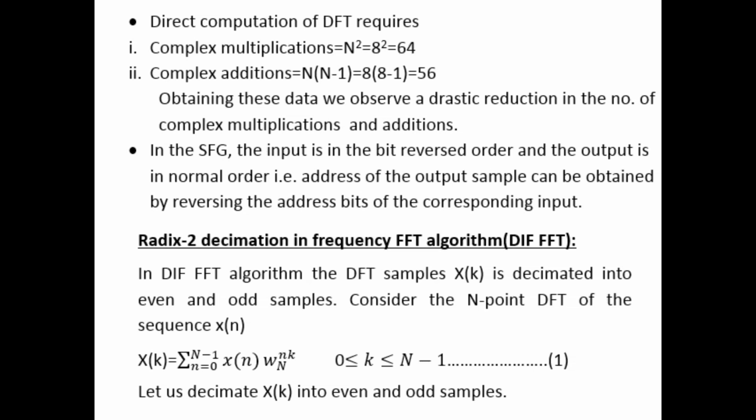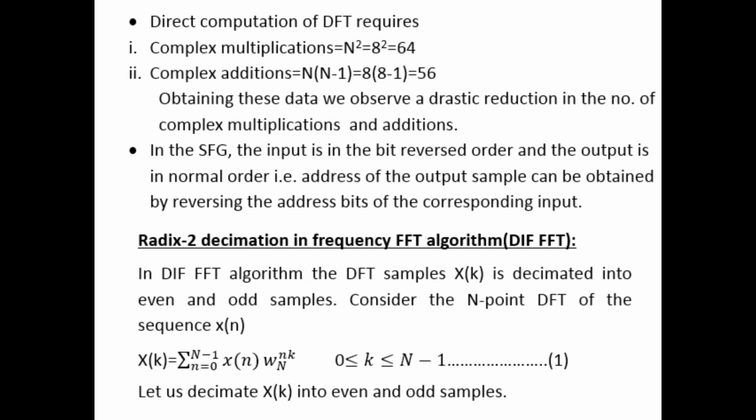Direct computation of DFT requires complex multiplications, which is equal to n square, which is equal to 8 square. That means 64 complex multiplications are required, and n into n minus 1 complex additions are required. That means 8 into 8 minus 1, which is equal to 56 complex additions are required.